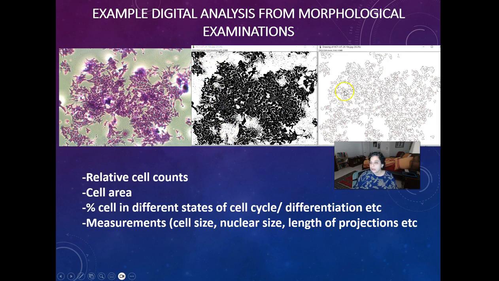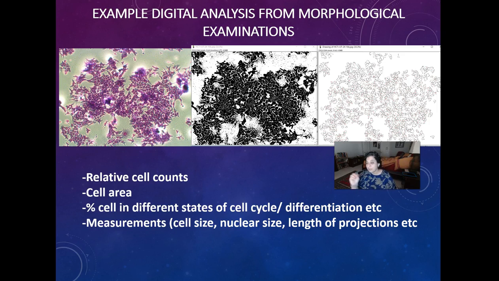And then over here you see just the boundaries of these cells without the fill. If you were to go up close, we would see a number inside each one showing the number of cells that it was able to count and find. The beauty of this is that as human beings we would not have been able to count and simultaneously look at the cell area, percent cells with different types of shape or roundness or size or volume.